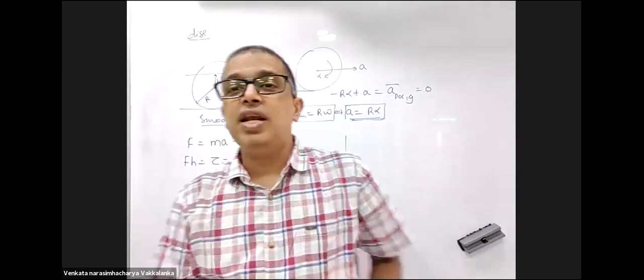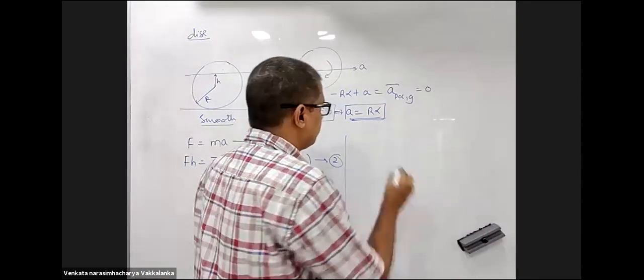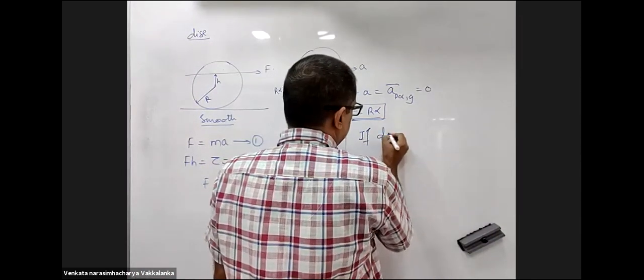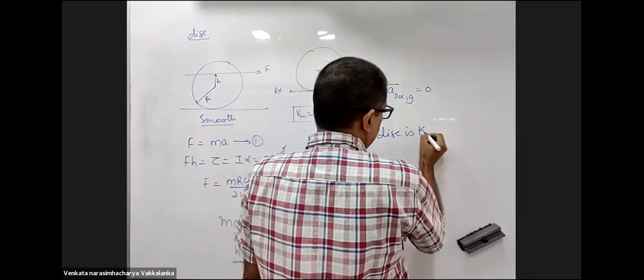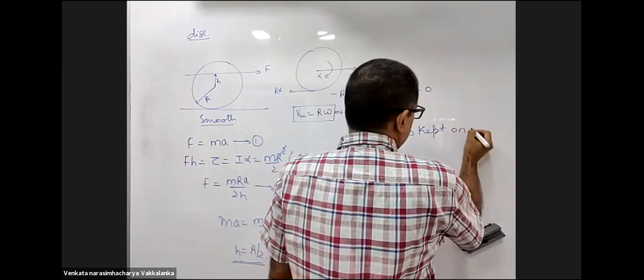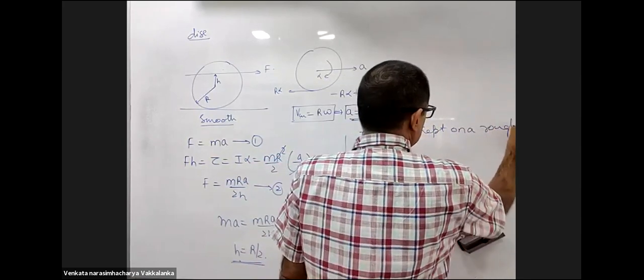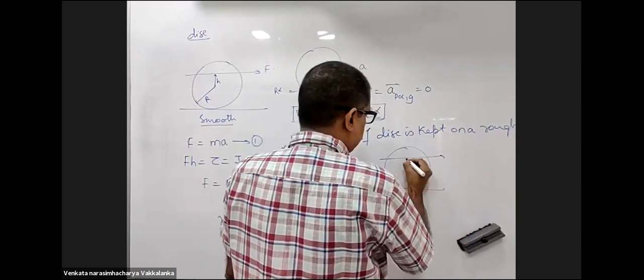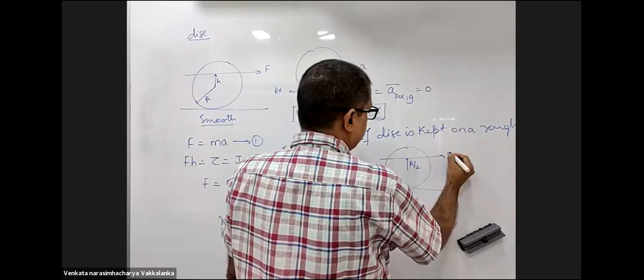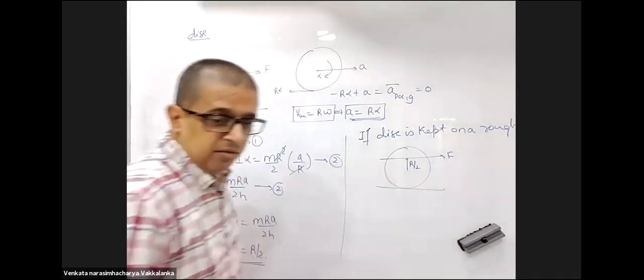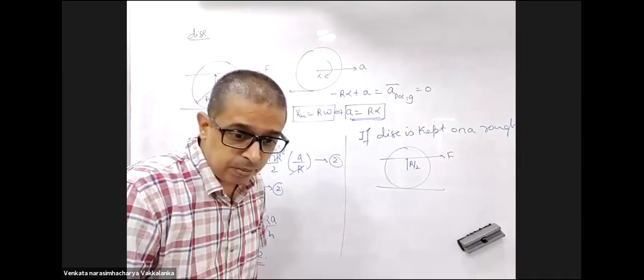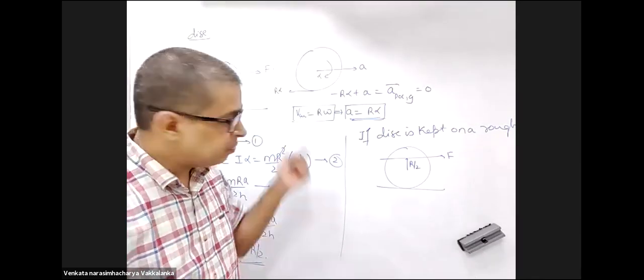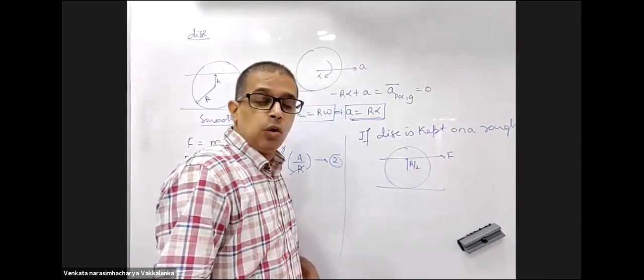Hence, friction facilitates rolling. If this is kept on a rough surface and you apply force at a height of R by 2, friction facilitates rolling.